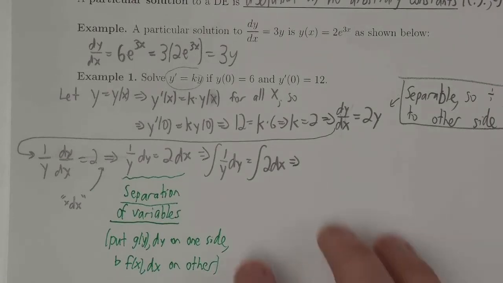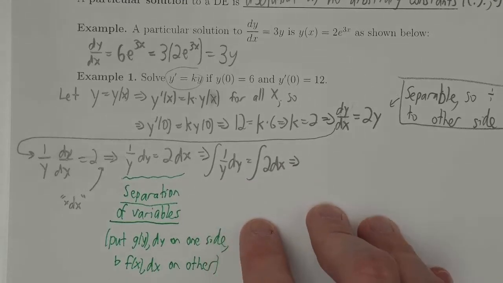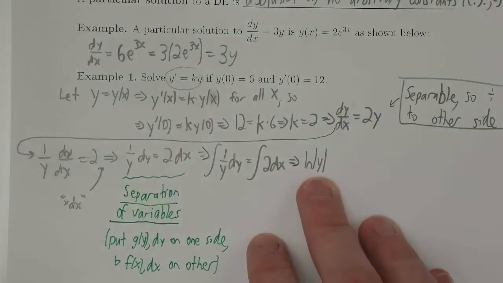Okay? So the integral of 1 over y with respect to y is equal to what? From the last quiz? Good. Make sure you remember that absolute value. Good. Because I did dock points if you forgot the absolute value.